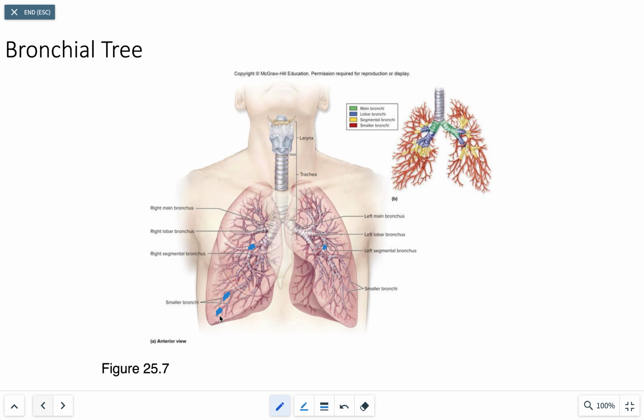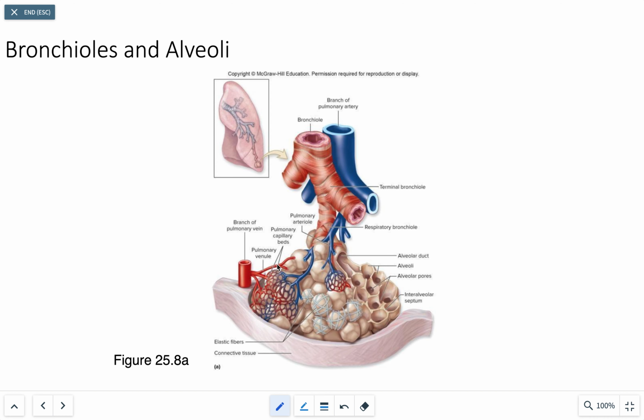Eventually, this is going to come into a terminal bronchiole, and the terminal bronchiole is what we consider to be the beginning of the respiratory portion. When we're looking at the terminal bronchioles, as we're traveling down, we see the lack of cartilage, and we see the ability for vasoconstriction and vasodilation.